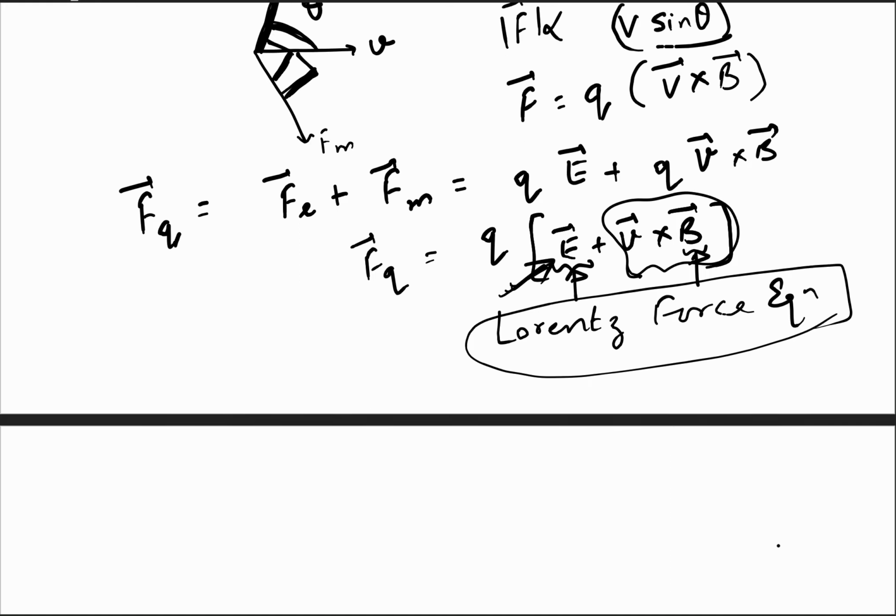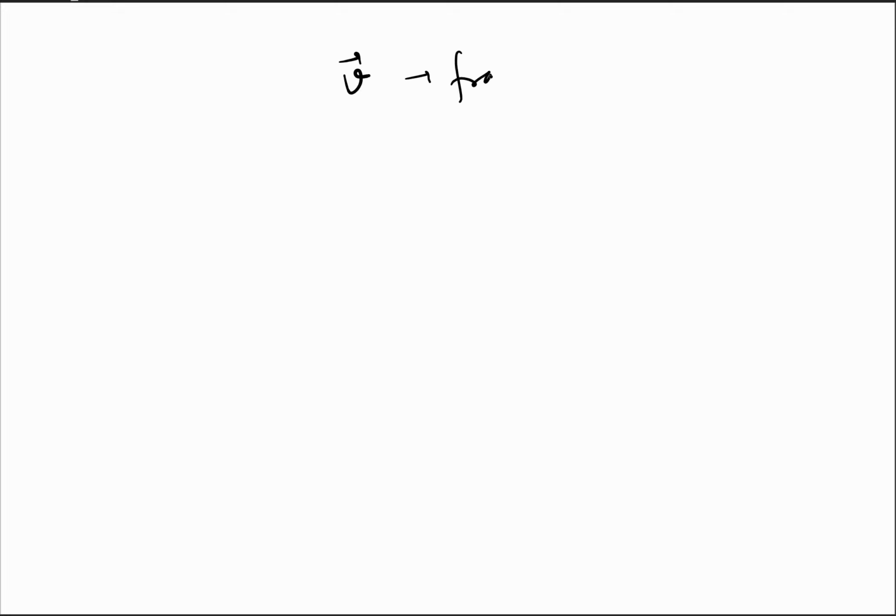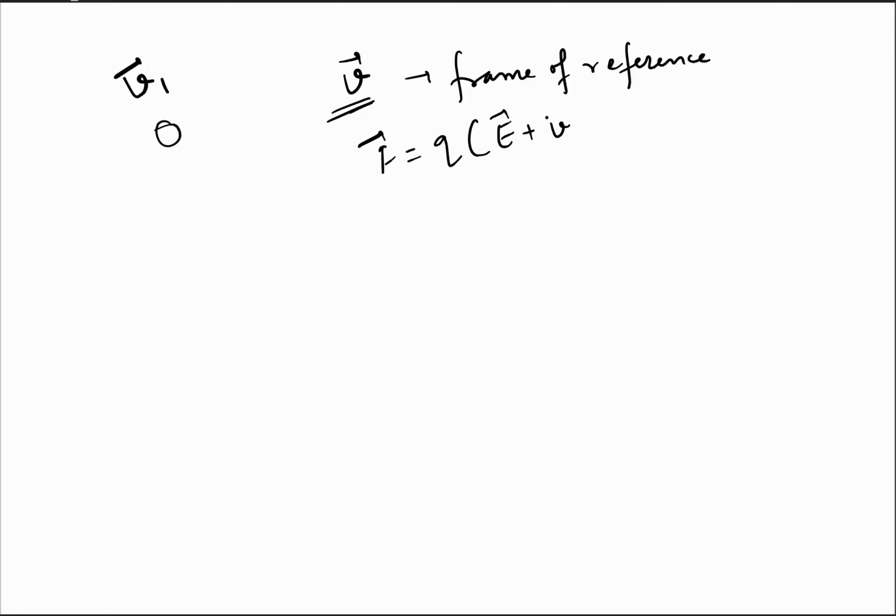And now you might be wondering that we are always talking about the velocity of the charge. Now this velocity of the charge is dependent on the frame of reference, that is, from where we are looking at the charge. In some frame, the charge can be found moving with some velocity v1, and in some it might even be at rest. So you see that the total force on the charge can include both the electric force as well as the magnetic force component.